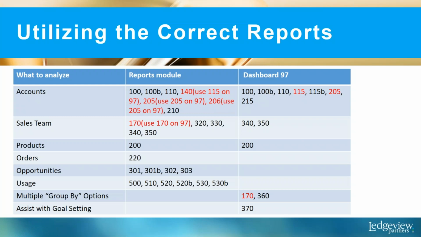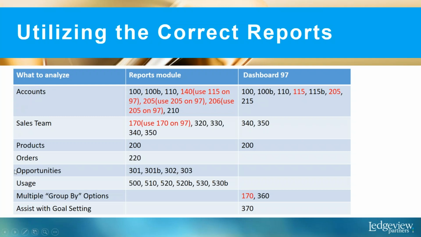So you could run this report 110, which is a list of accounts with information on it, for a certain industry, for a certain product segment, for a certain department. So yes, it's going to give you a list of accounts, but within that, really, what do you care about? Maybe I care about how my construction companies are doing, right? So don't think of it as, okay, this is just to analyze all my accounts, right? It's a lot more than that.